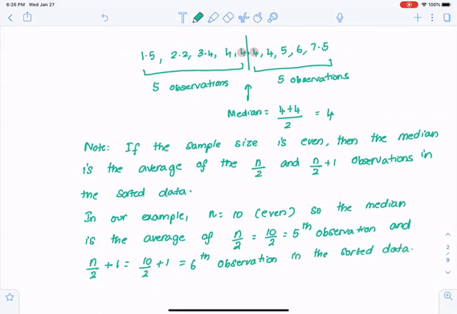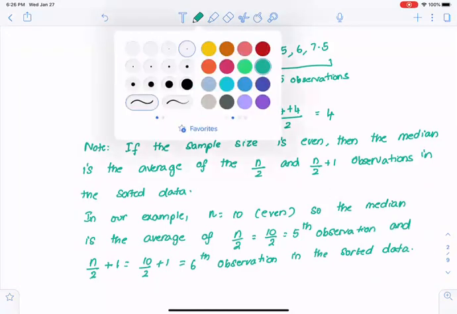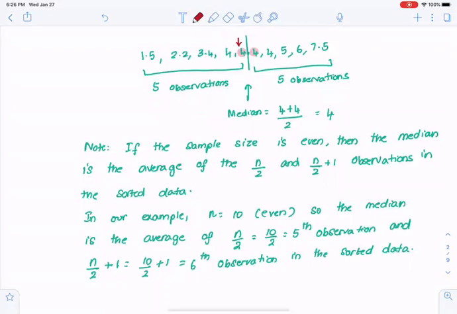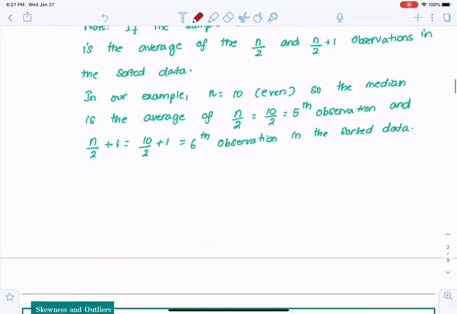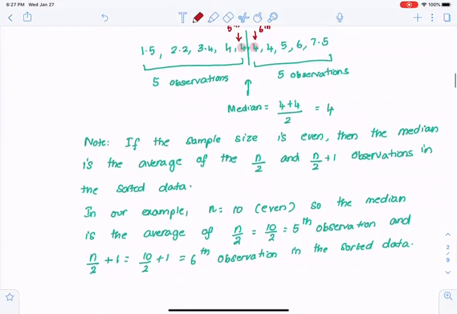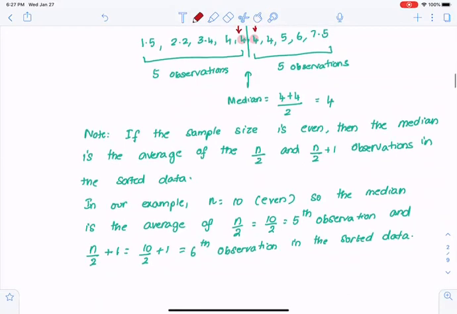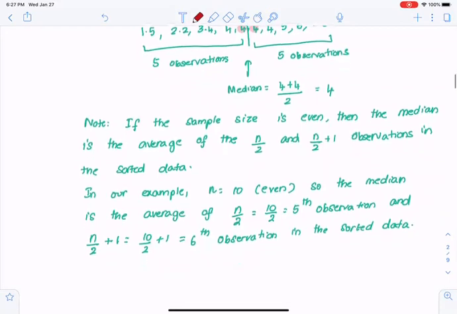If we go back and observe what we did, the fifth observation in the sorted data is 4, and the sixth one is 4, and we took the average of the two. That is how we find the median if the sample size is even. What would we do if the sample size is odd?